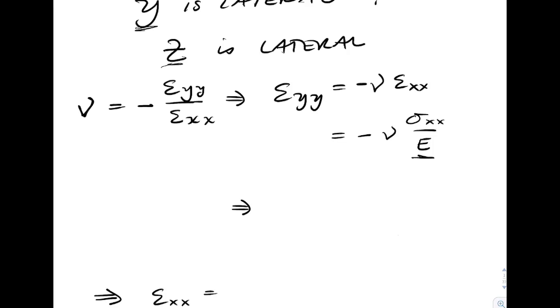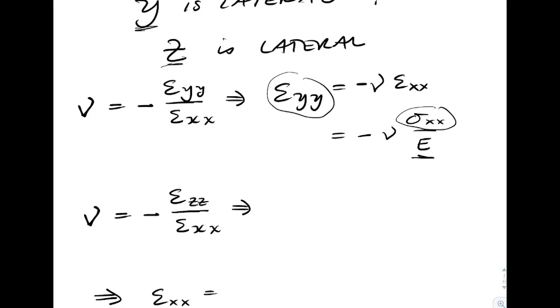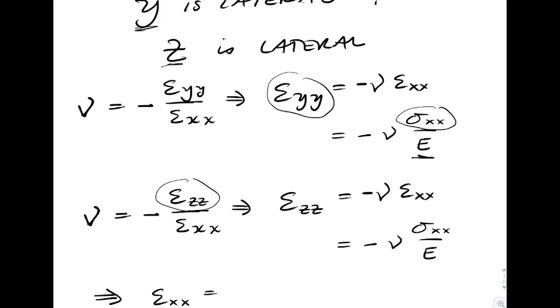So this tells us that stress in the X direction creates a strain in the Y direction. Exact same thing happens in the Z direction. So using lateral strain as the Z direction, we're going to do exactly the same thing. Shuffle epsilon ZZ, and there's our calculation for strain in the Z direction.